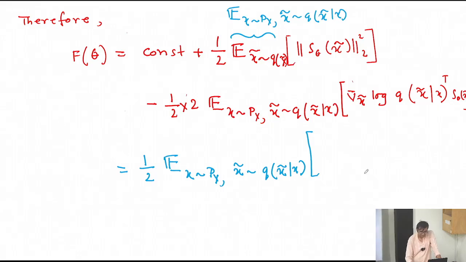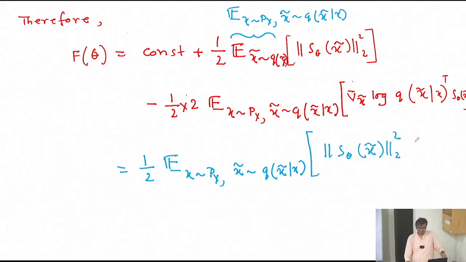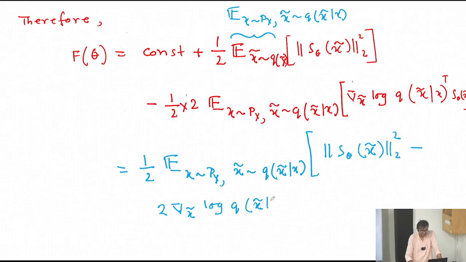So, first term is s theta x tilde. This is your a square. Now the 2 was sitting outside. I have brought it inside, minus 2, but that is b square anyway. S theta, log of q x tilde given x transpose s theta. This is your 2ab, s theta of x tilde.